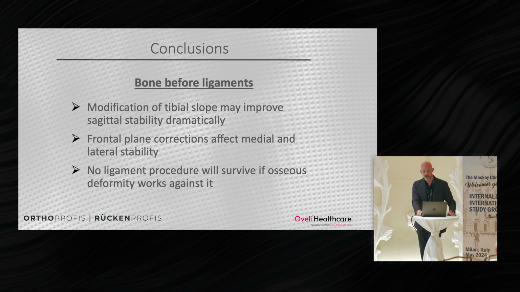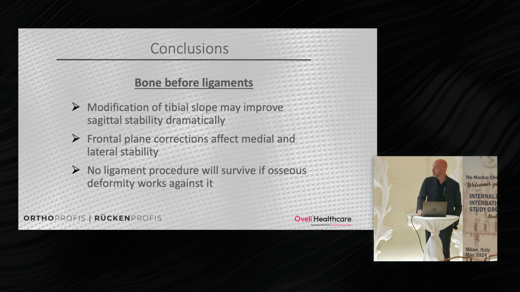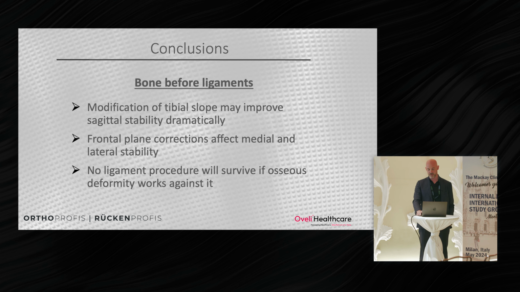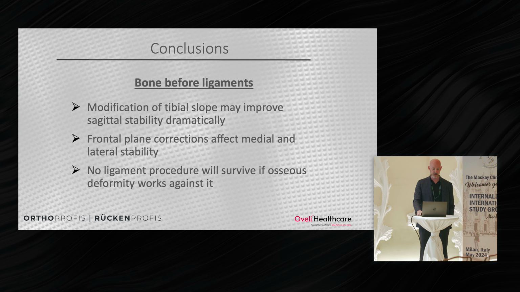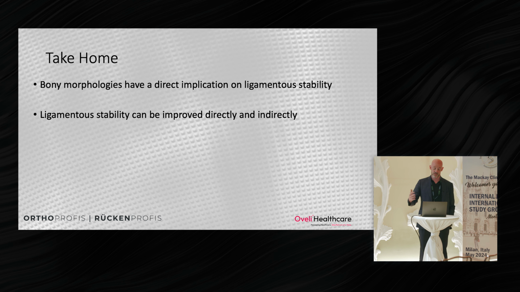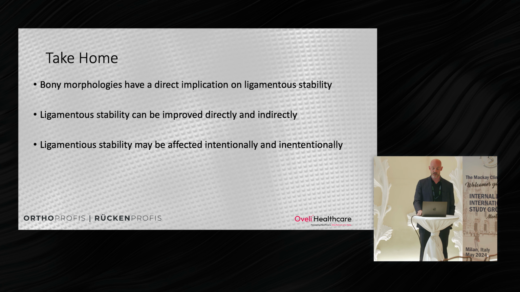Frontal plane corrections affect ligamentous stability at the medial and lateral side, and no ligament procedure, and that is very important, will survive your underlying osseous deformity if it works against it. So we have seen that. Ligamentous stability can be improved directly and indirectly. So just think about the bone when you touch the ligaments, and as I said, it may be intentionally or unintentionally.